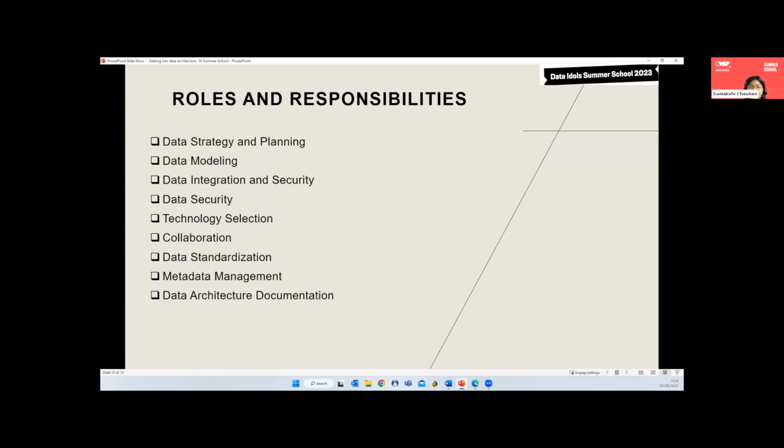Now, this is a classic example of how a data architect, a data engineer, and someone working in data governance would work together to have an effective master data management solution.